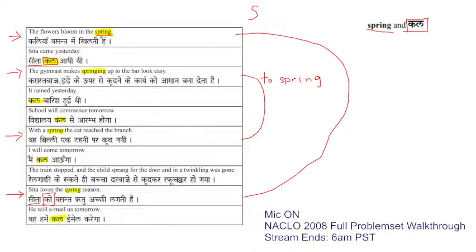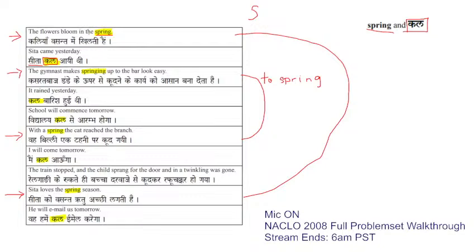So I'm going to erase this since we have two different things. We know that the first word is the person. So Sita loves the spring season. We don't know if loves is at the back end of the sentence or in the middle, but we can take a look at the top one and see what's similar.